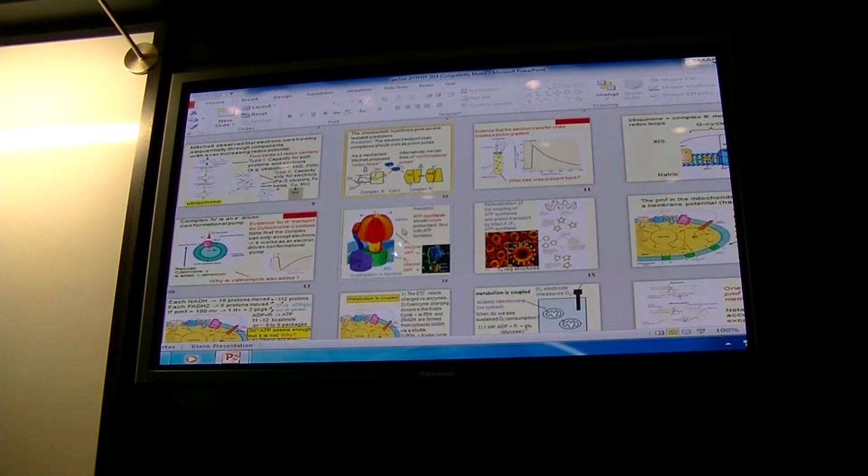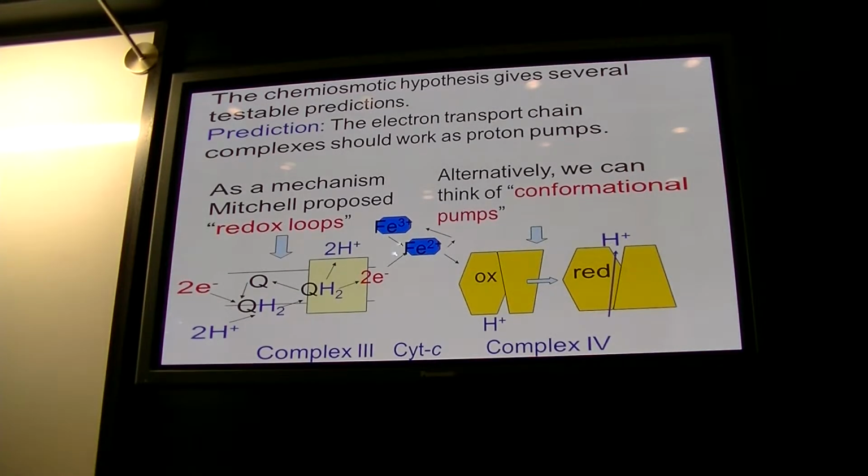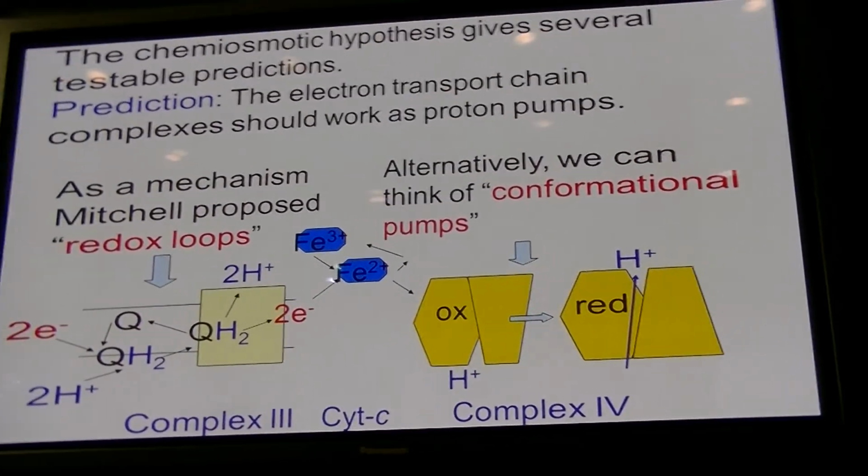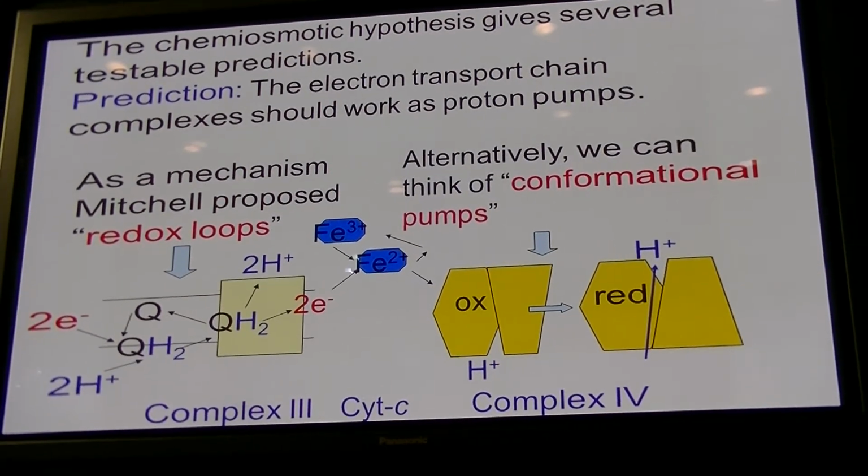Okay, we're looking at respiration, the mechanism of ATP synthesis. That's called chemiosmosis. And we've seen there's a Scotsman, Peter Mitchell, and he proposed the mechanism of chemiosmosis. And it involves the generation of a proton gradient.